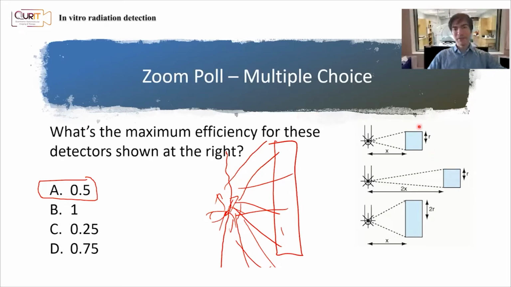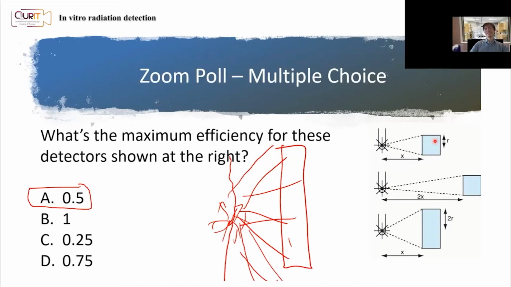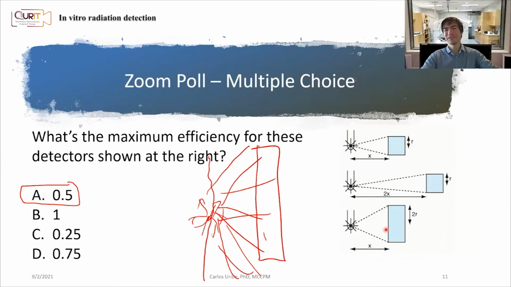If you have detectors that are a bit smaller than this one, you can expect them to be slightly less efficient because of the smaller area being intercepted. But in the best case scenario, you cannot go more than 0.5. So whether R is infinite or very small, the best case scenario is 0.5.